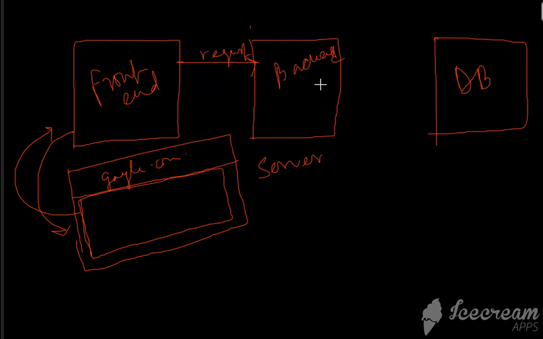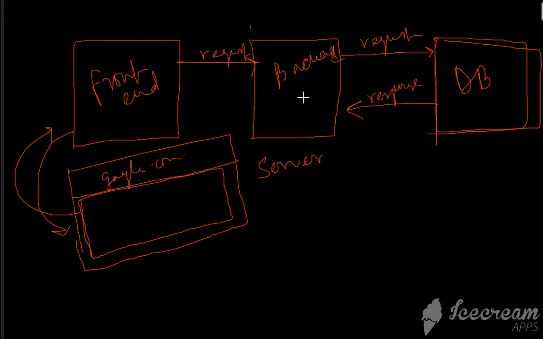The server processes your request. In that process, the server may take help from the DB to get the required data which is stored in the database. So the server requests data from the DB, and the DB sends data to the backend.